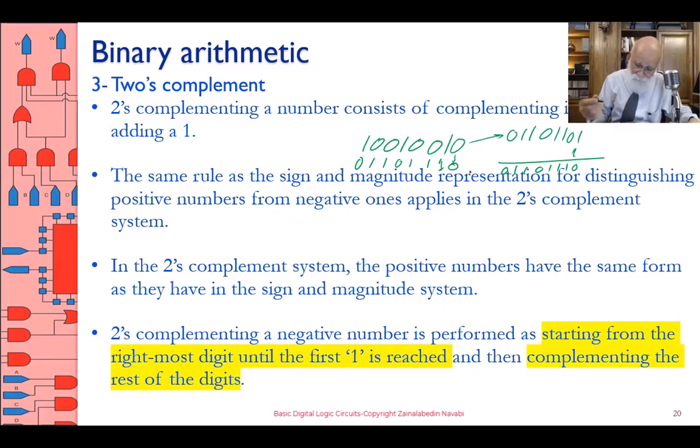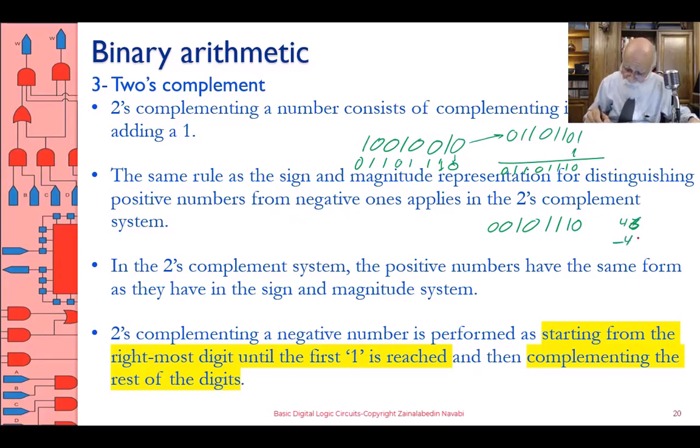So if this is 0 0 1 0 1 1 1 1, which is 32 plus 15, this is 47. Okay, let's do 46. This is 46.